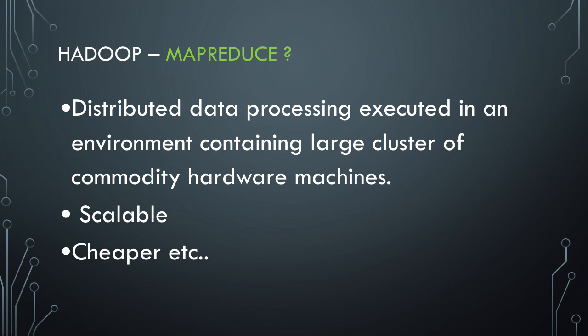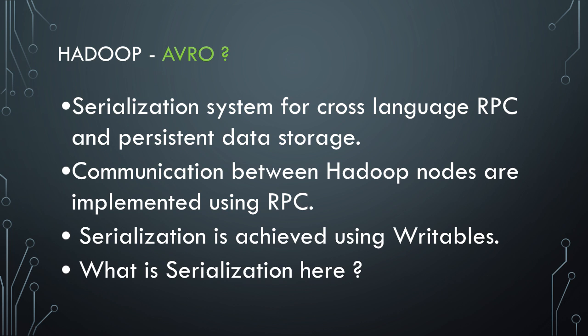With that, we can go to the next one to see what is Avro. Hadoop Avro is a serialization system for cross language RPC and persistent data storage. The communication between Hadoop nodes is implemented using low-level RPCs, and the serialization is achieved using writables.